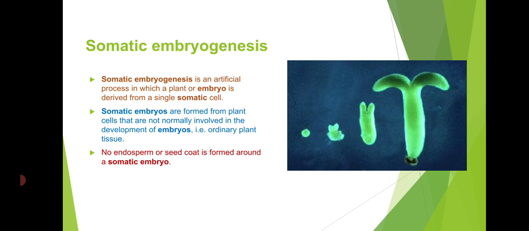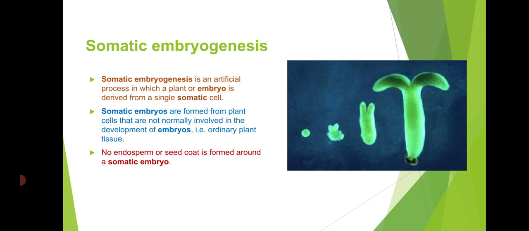The radicular end is always oriented towards the center of the tissue culture mass. Suppose it is developing from callus tissue, the radicular end is immersed in the callus tissue, and the plumular end is always projecting out from the cell mass. In later slides I will show you photographs of the same.